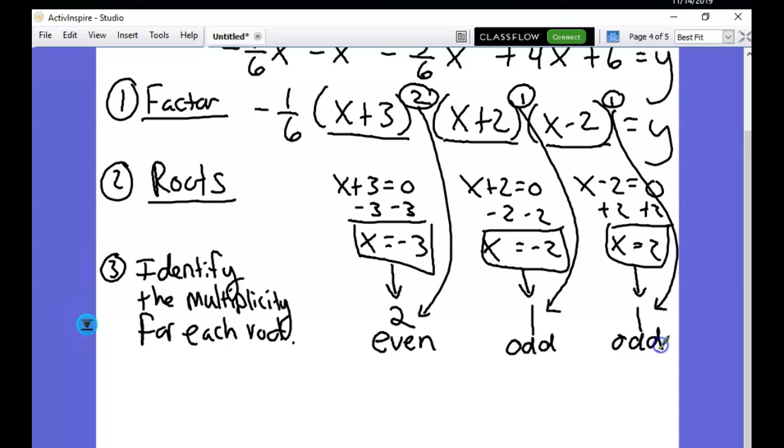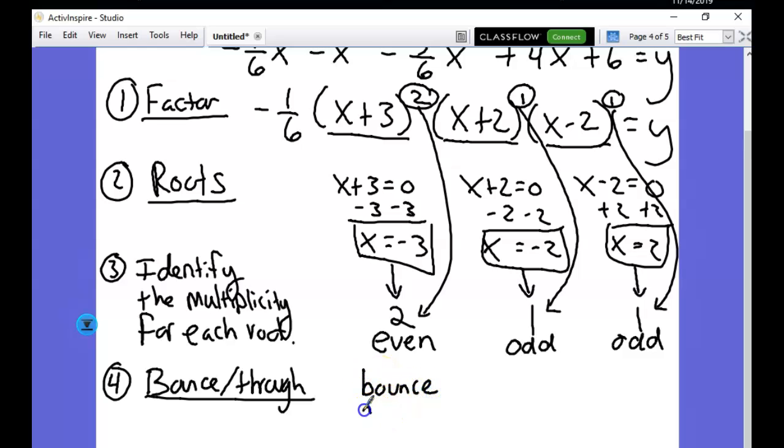And what did we say about even and odds? The ones that were even bounce off of the root. The ones that were odd go through the root. So in this case, we're going to say the graph will bounce at x equals -3.